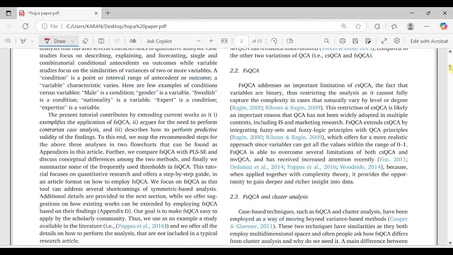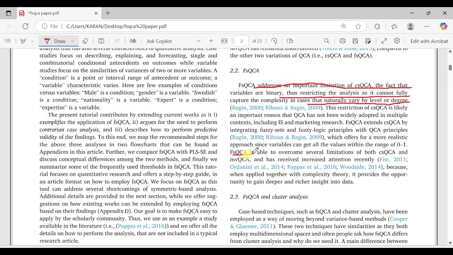I'll just highlight some of the important points in this paper. Then afterwards you can download it and read it for yourself. fsQCA addresses an important limitation of CSQCA, the fact that variables are binary. CSQCA means crisp set qualitative comparative analysis, thus restricting the analysis as it cannot fully capture the complexity in cases that naturally vary by level or degree.